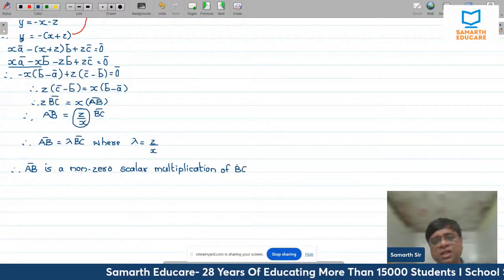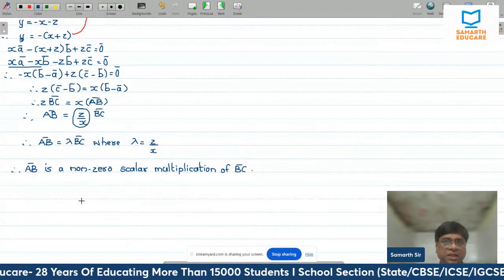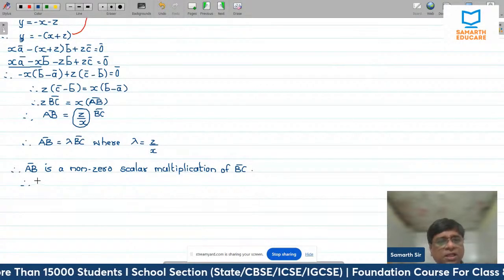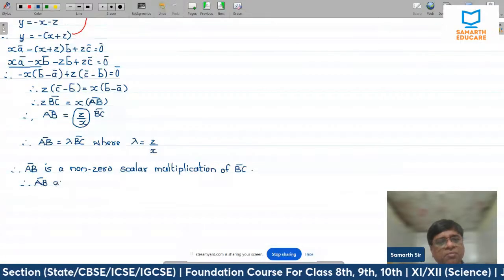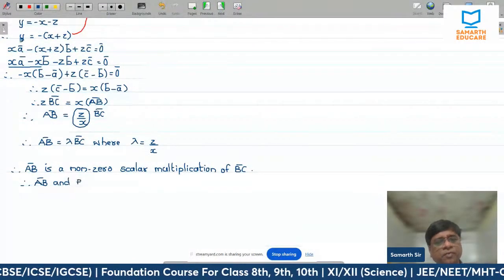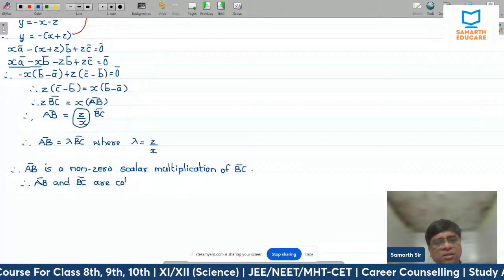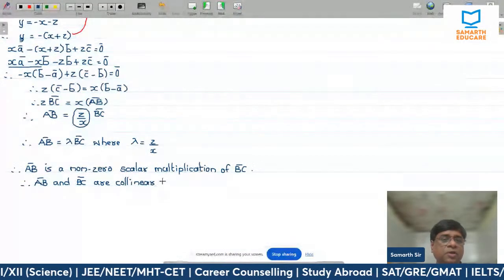And remember in the last to last class what we discussed, collinear means scalar multiplication, and scalar multiplication means collinear. Now because there is a scalar multiplication, I will say AB bar and BC bar are collinear vectors. Now remember that I have just proved collinear vectors, not collinear points, right?